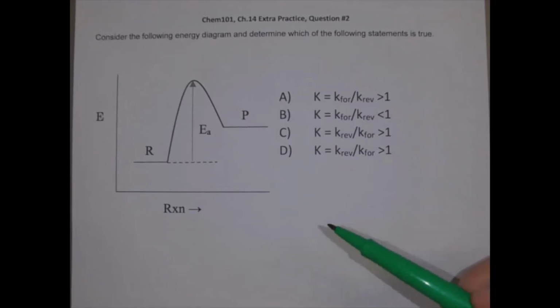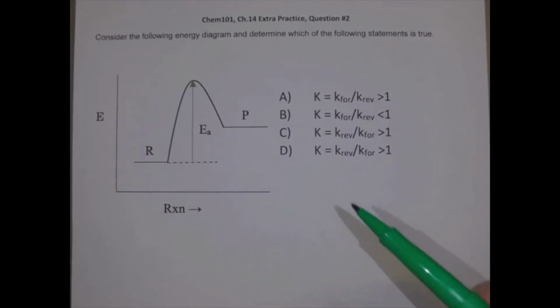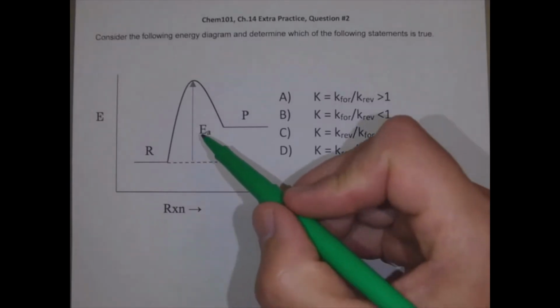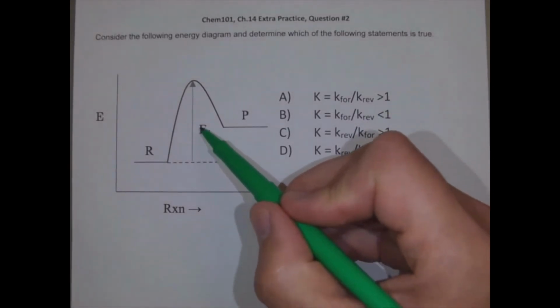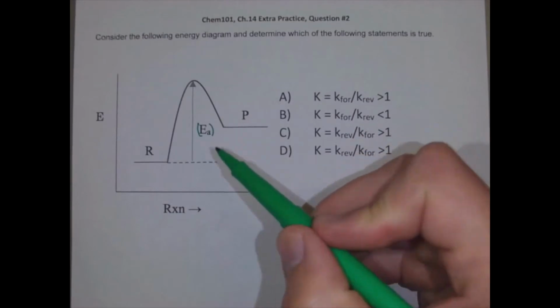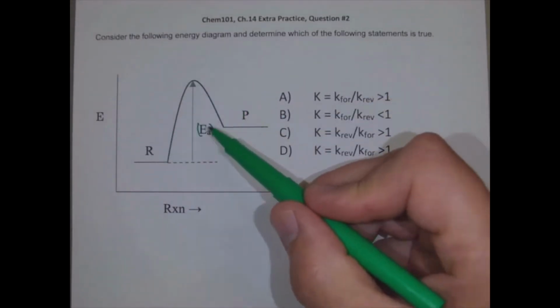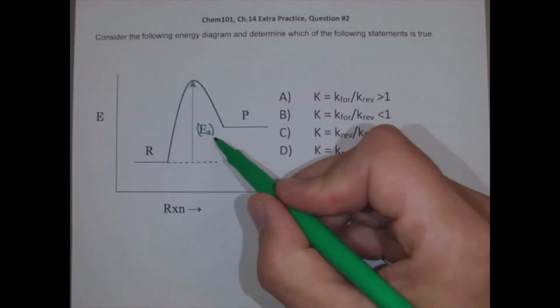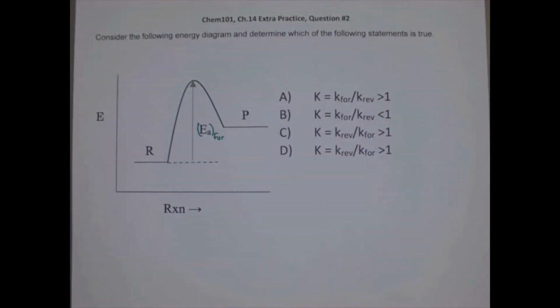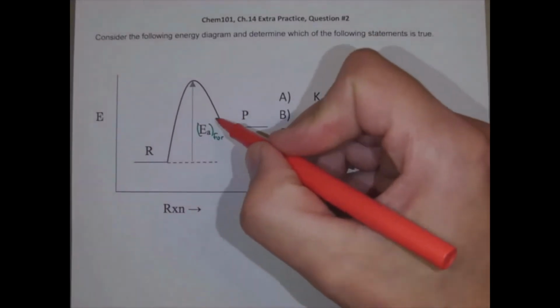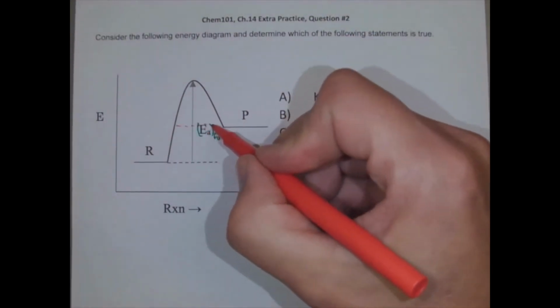First of all, let's talk about the activation energy according to this diagram. We really have two different activation energies represented here. We have the activation energy for the forward reaction, where the reactants become products. They have to get over this energy barrier. But you could also label on here the activation energy for the reverse reaction.